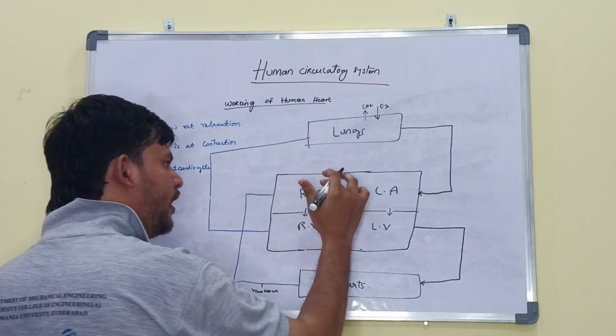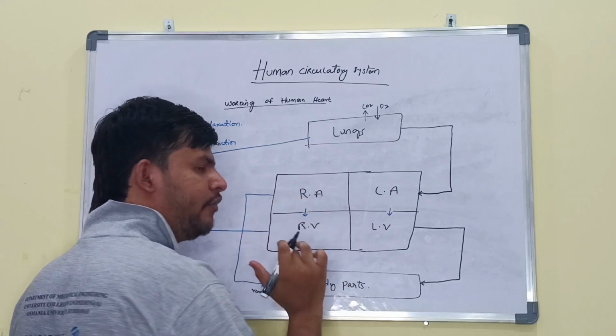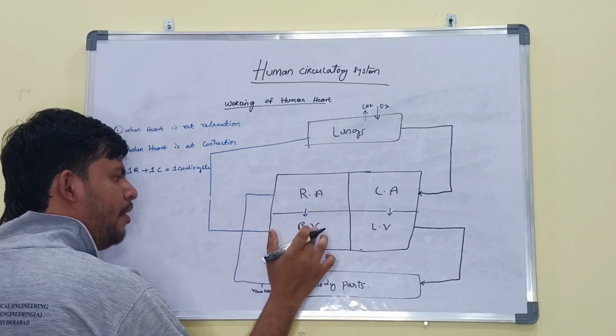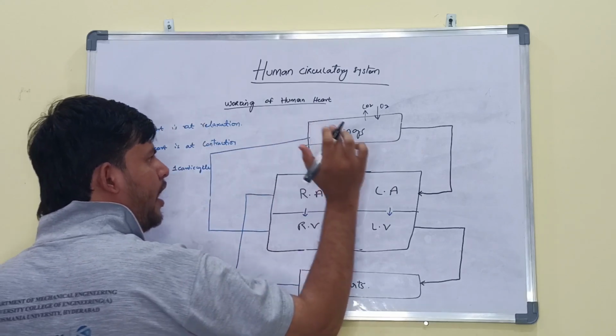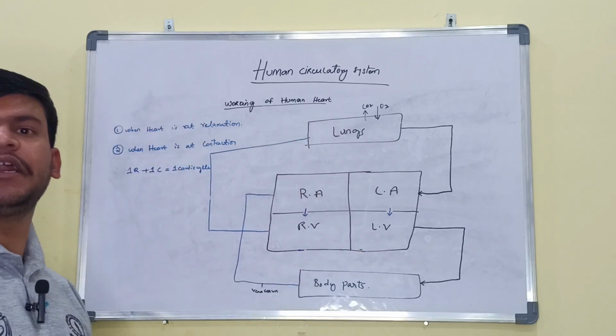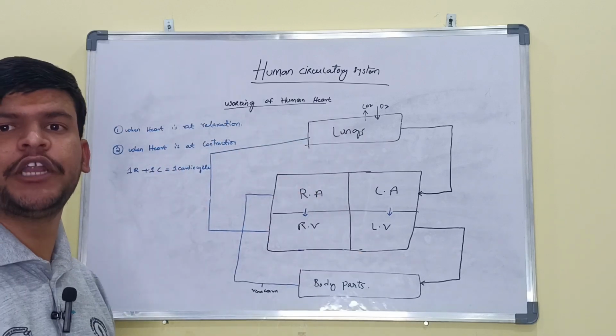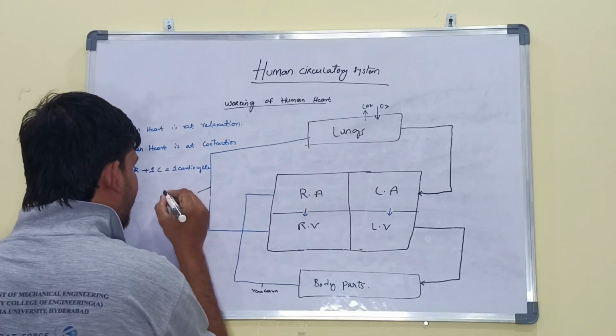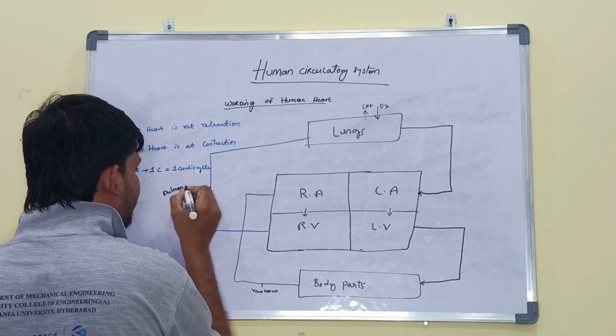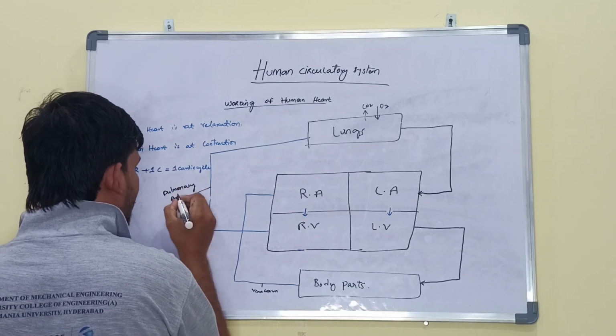Here the right auricle will transport the blood to right ventricle. From right ventricle to lungs, the blood will be transported by pulmonary artery. That is pulmonary artery.